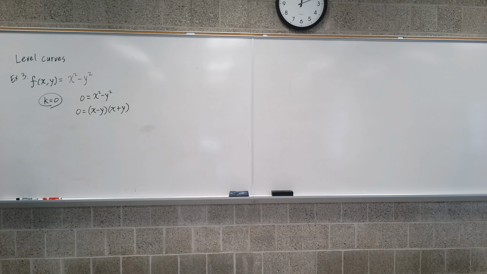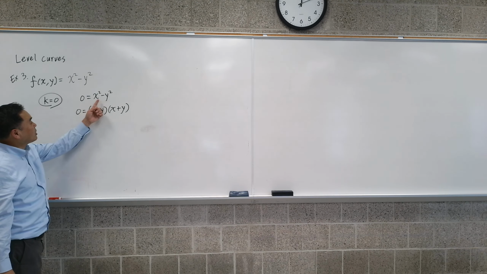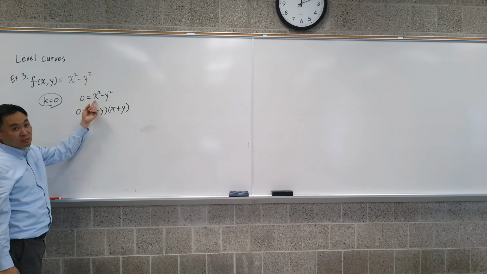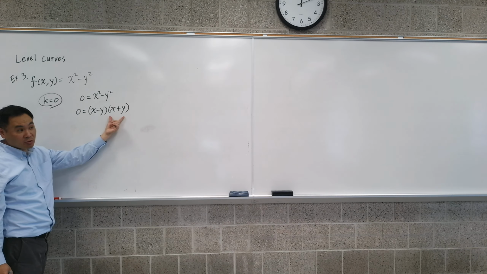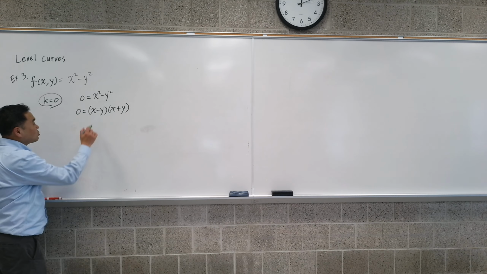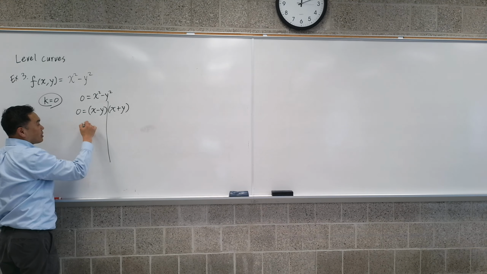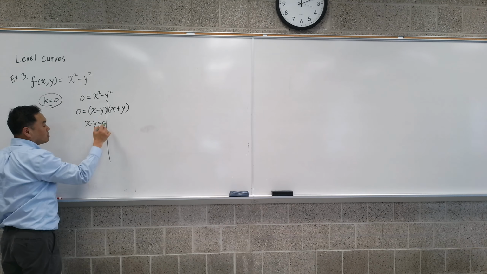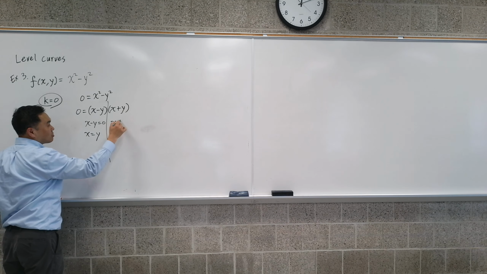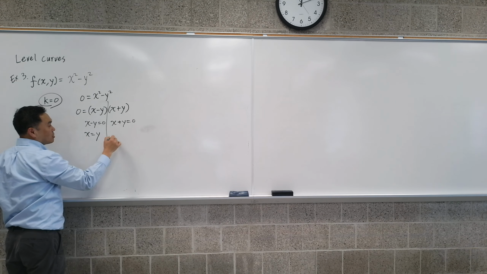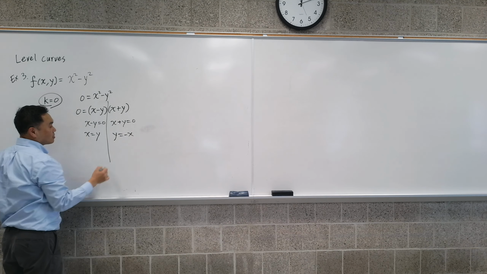So what you do is rewrite this as, because this is a difference of two squares, it factors as x minus y times x plus y, right? And if two things multiply to 0, either x minus y is 0, which gives you x equals y, or x plus y is 0, which gives you y equals negative x.